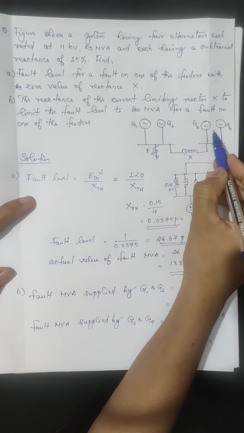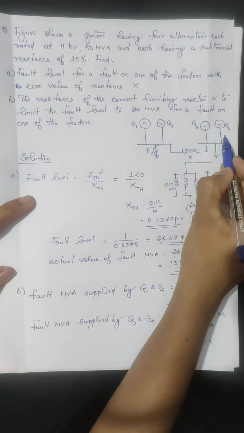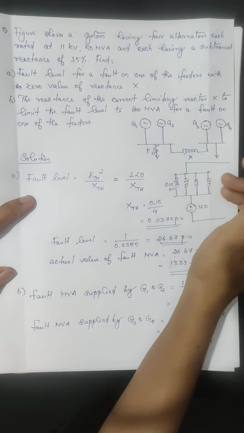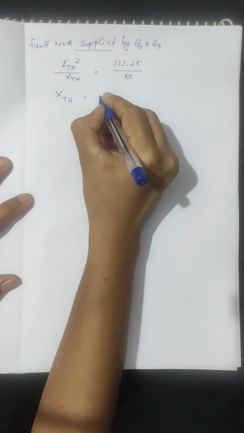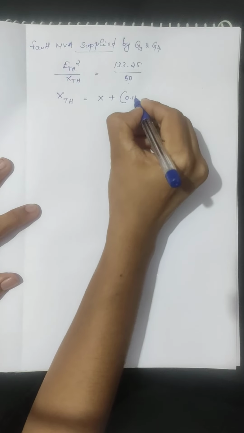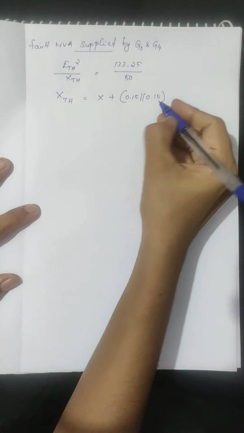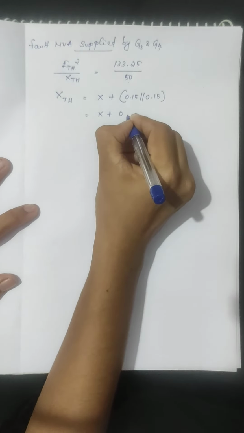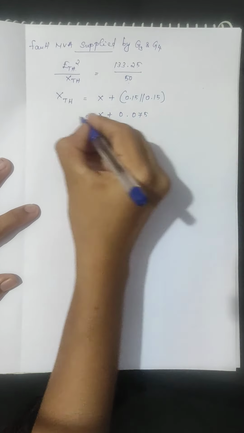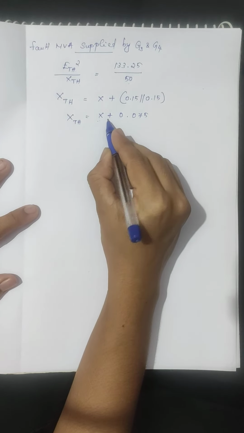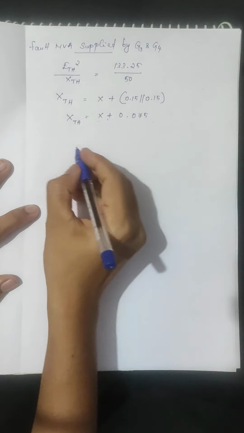If we are considering G3 and G4 only, XTH is the reactances of G3 and G4 in parallel, and that parallel combination is in series with X. So it will be the reactance X plus the parallel combination of the reactances of G3 and G4, that is 0.15 parallel to 0.15, and that will be X plus 0.075. So the Thevenin equivalent reactance XTH is X, the reactance of the current limiting reactor, plus 0.075 per unit.